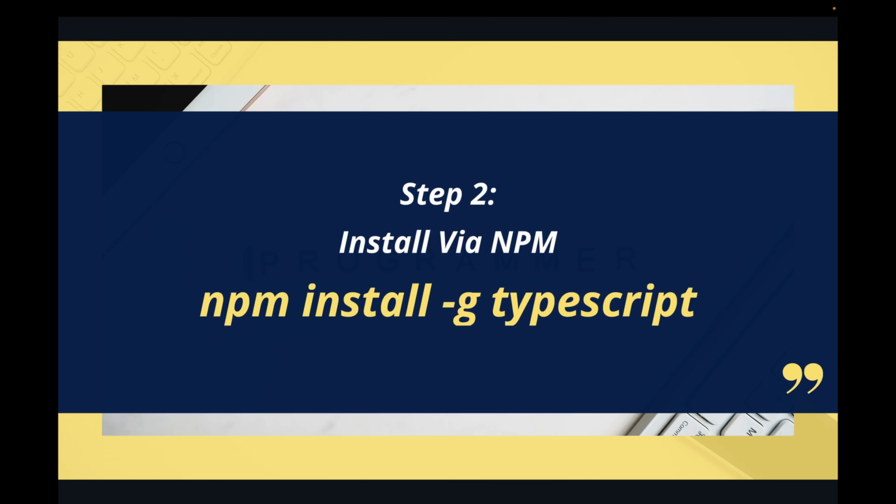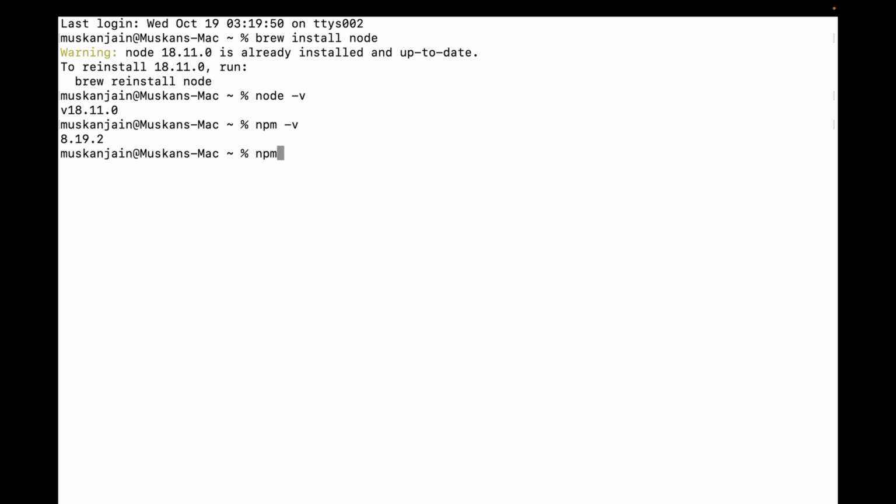Now we have Node and npm installed on our system, so it's time to install Typescript with npm. We will install Typescript globally. You may have to use sudo if you don't have permission.